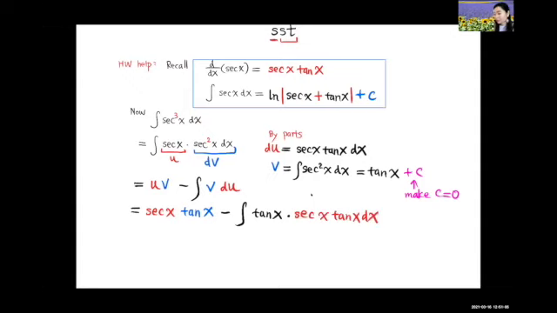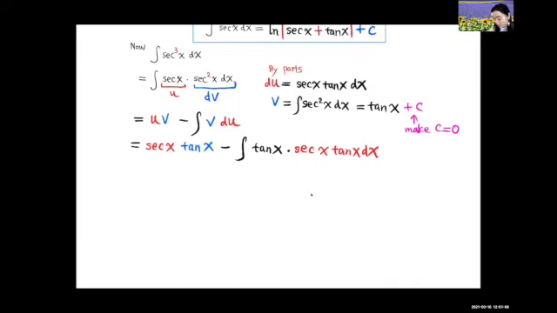So that was this. Now this part over here is going to be secant x times tangent square x.